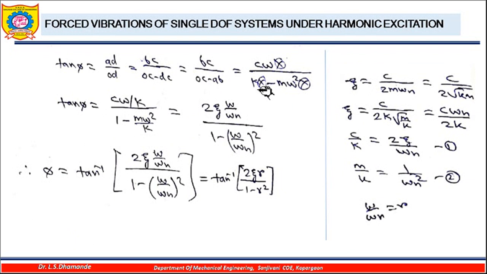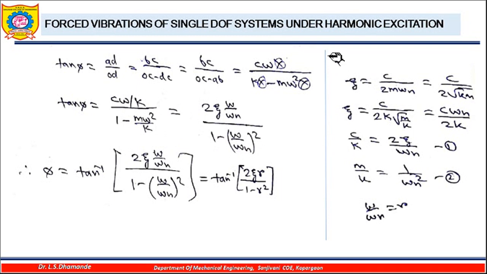If I divide by K again, the denominator becomes 1 minus M omega square by K, and the numerator becomes C omega by K. Now I have to put in the values of C omega by K and M omega square by K.